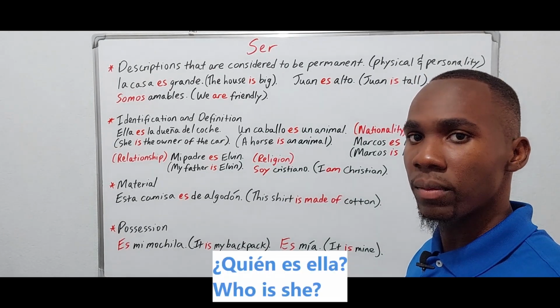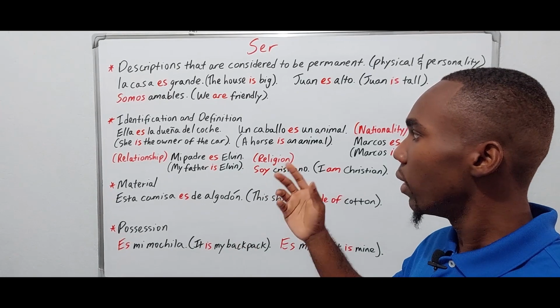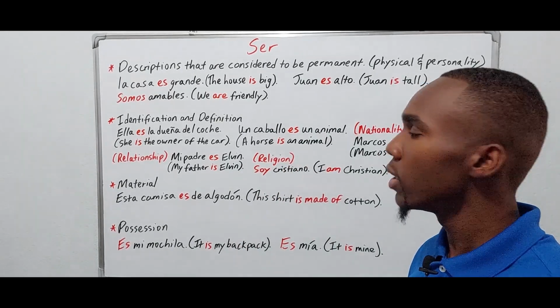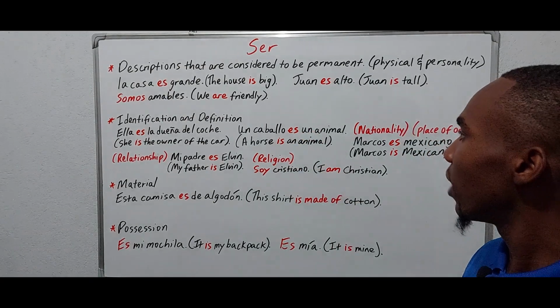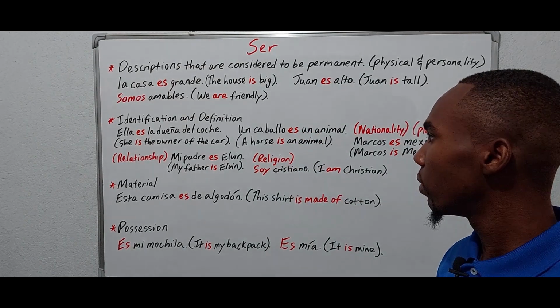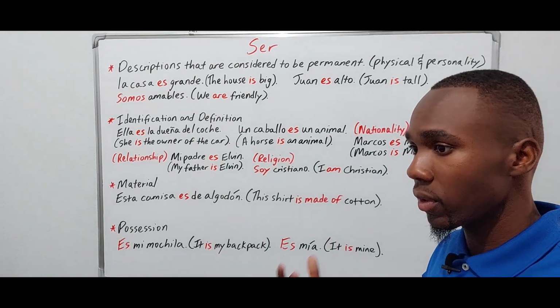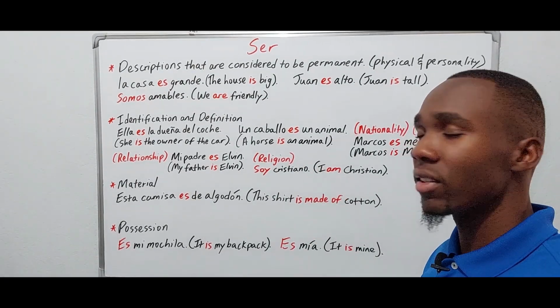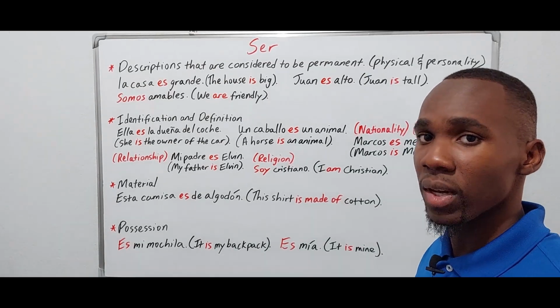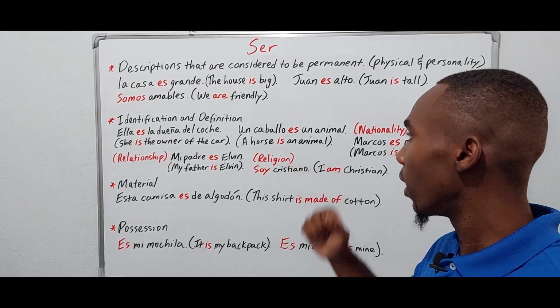Who is she, right? Ella es la dueña del coche. Un caballo es un animal. A horse is an animal. A possible question that could have come from, ¿Qué es un caballo? And you see we use the verb ser within the question as well. Right. A horse is an animal.